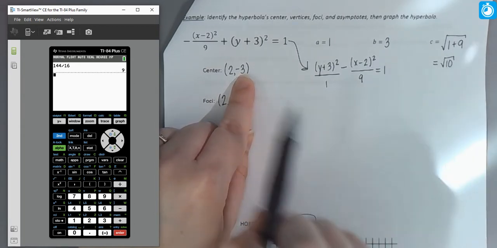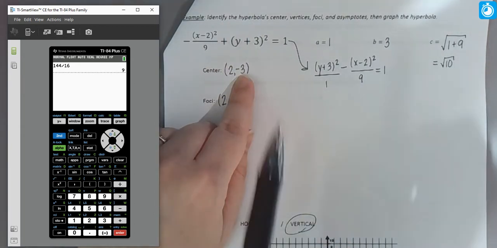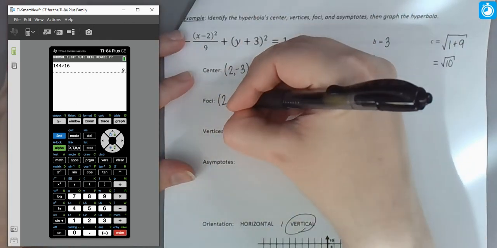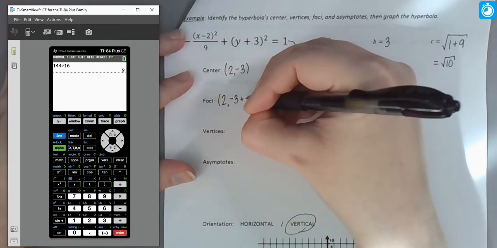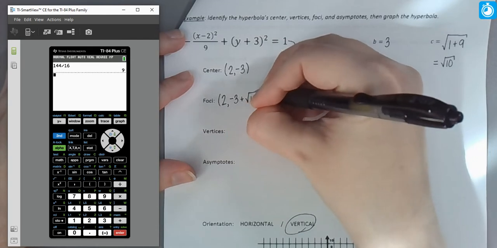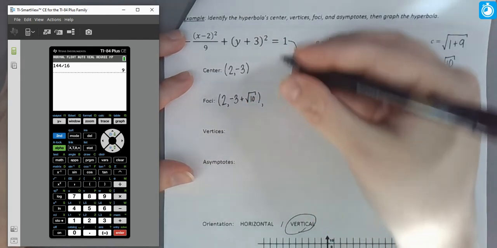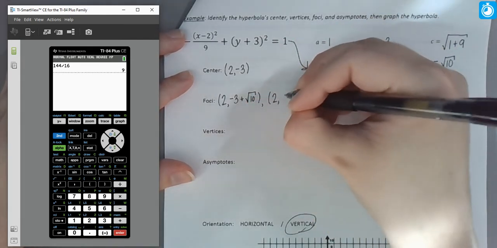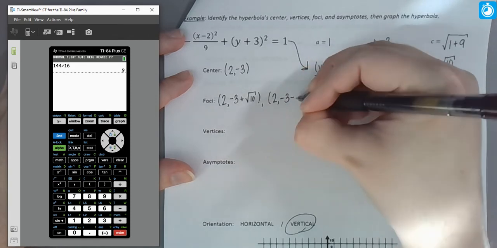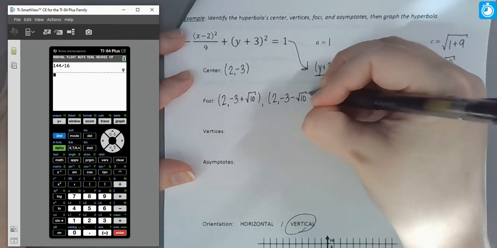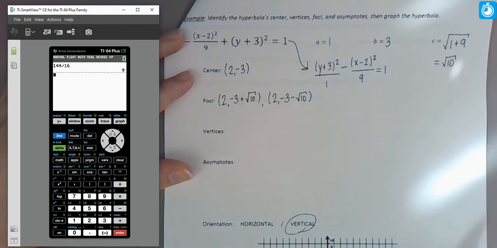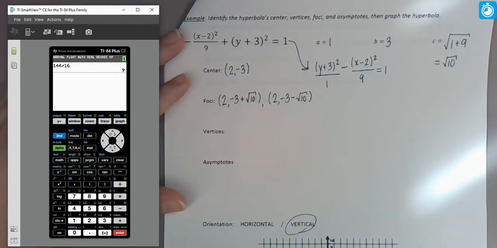We go c units above and c units below. So one y coordinate is going to be negative 3 plus the square root of 10, and then one y coordinate is going to be negative 3 minus the square root of 10. And of course, if we wanted to actually graph those, that's where you plug those two irrational values into your calculator, you get approximations, and you can graph in that manner.